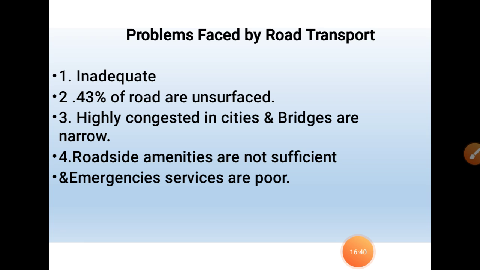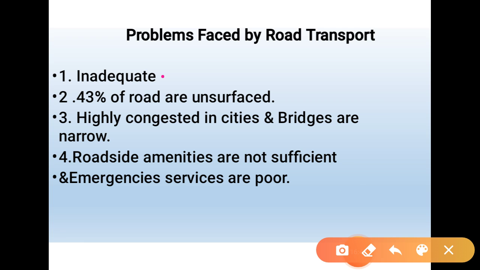First of all, there is inadequate road, which means there is very low availability of metalled road in each and every area. Then 43% of roads are unsurfaced. Unsurfaced means these are unmetalled, so the mobility of motor vehicles is unavailable in the rainy season or on other days. Roads are also highly congested in cities, and bridges are narrow.